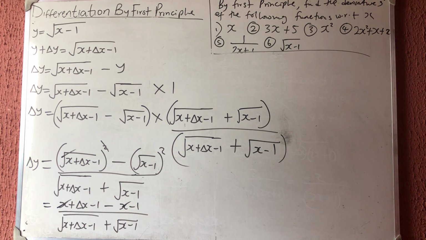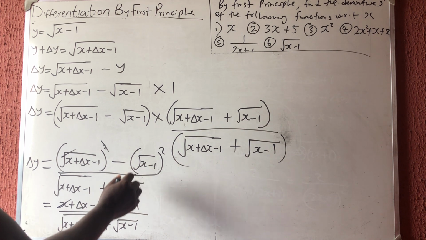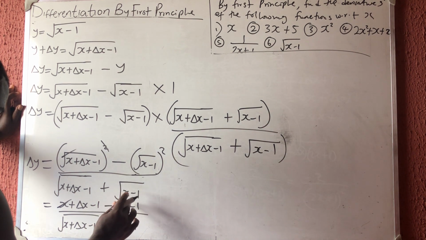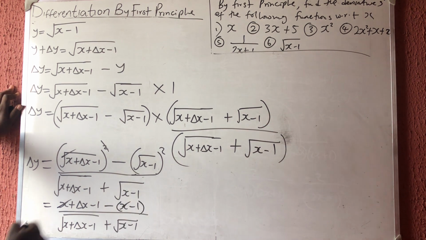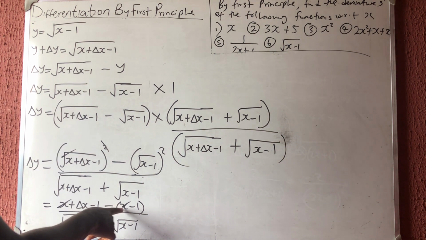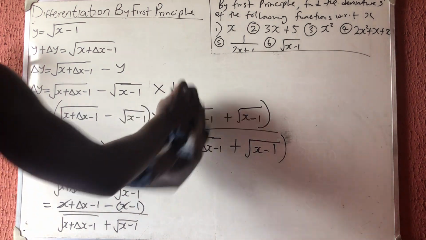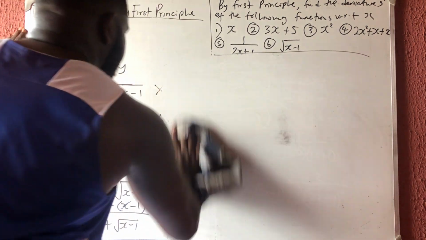Sorry, minus to make it plus. There is a minus here, so this is going to be plus, or let me say in bracket like this. So minus this will take care of this one, minus this plus this will take care of this one. So I am left with, please permit me to clean this place. I hope you have written it.